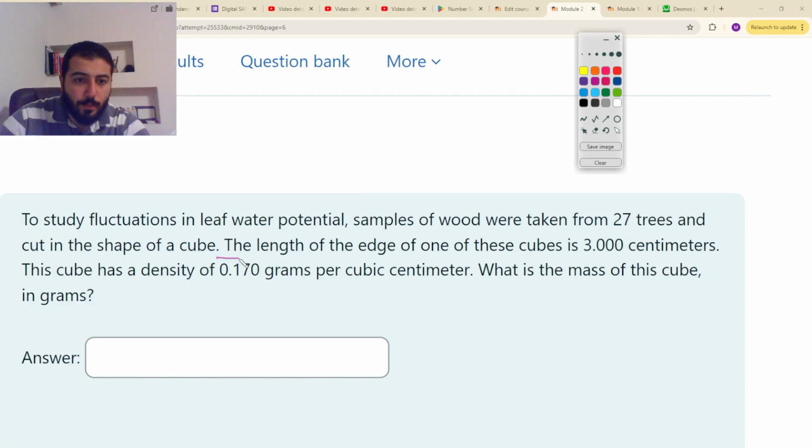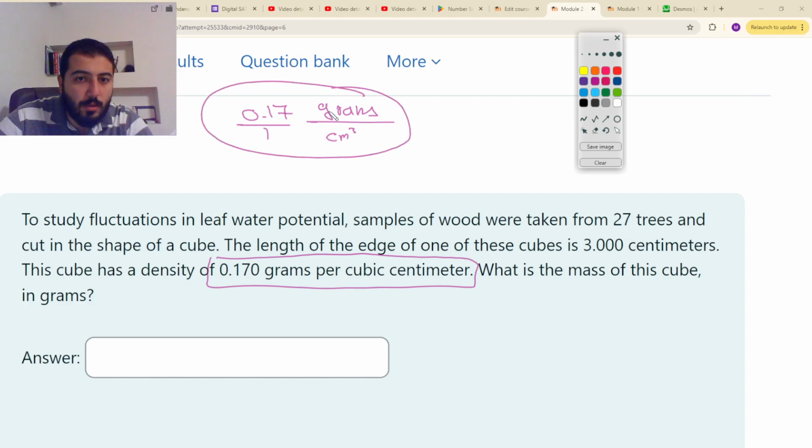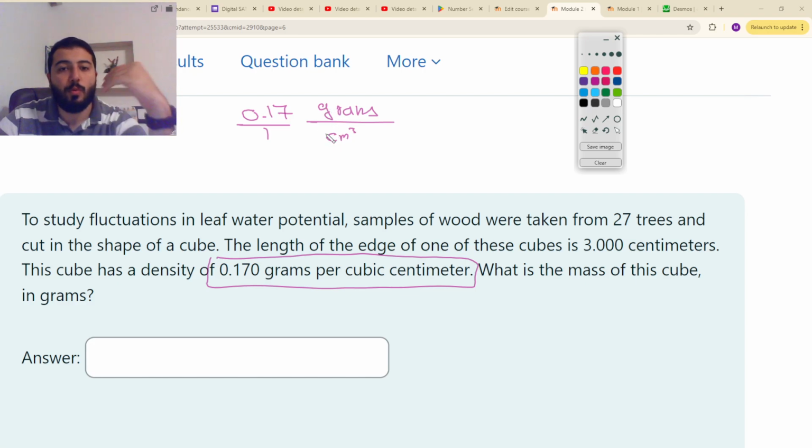So this gives us a clue that it is 0.17 grams for each cubic centimeter. From this unit rate, you can understand which one is the unit: the centimeter is the unit, the one in the denominator. What is the mass of this cube in grams?